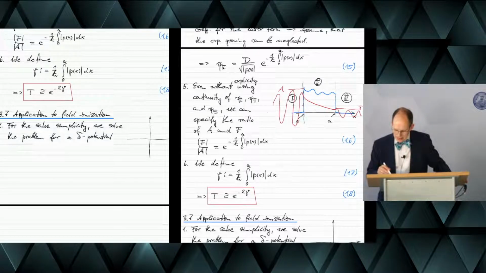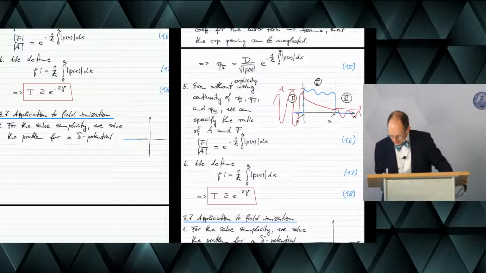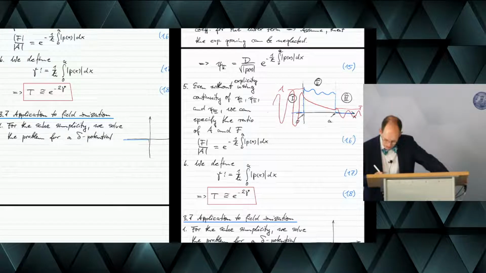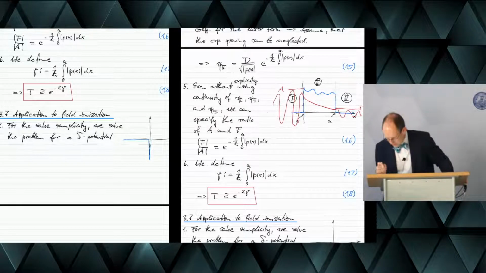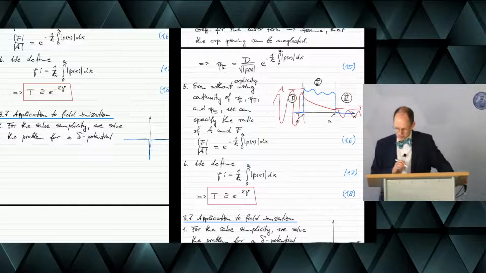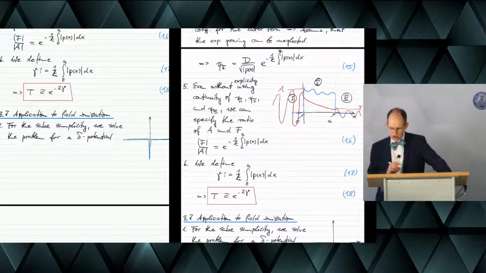And now we have a field-free potential like this. There's a delta potential, which I indicate like this. It would go to minus infinity, but never mind. So this would be the field-free potential.